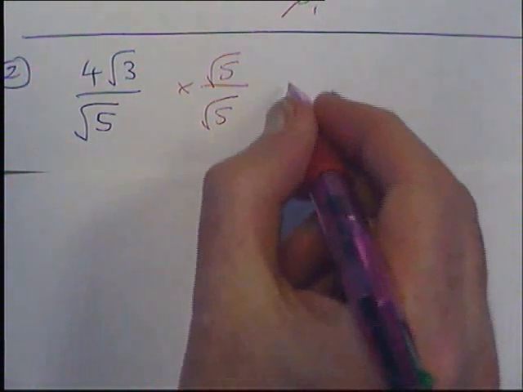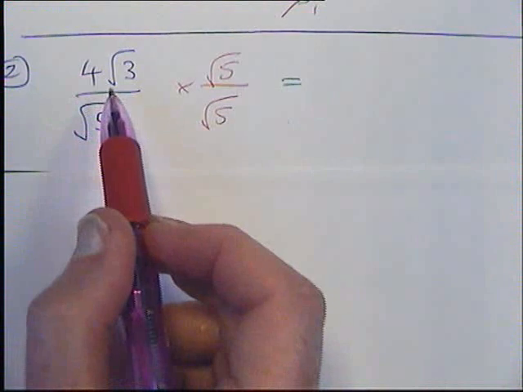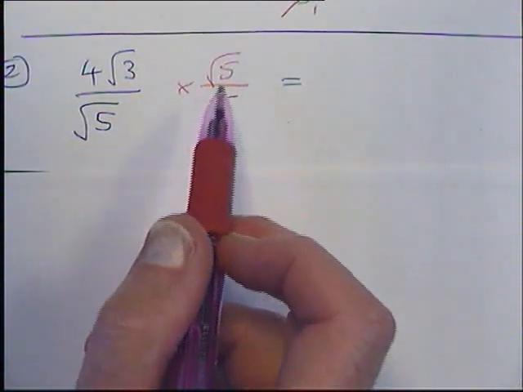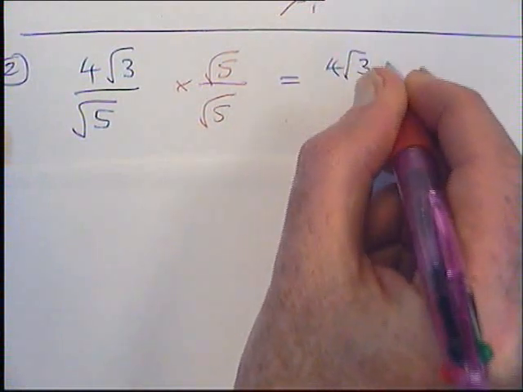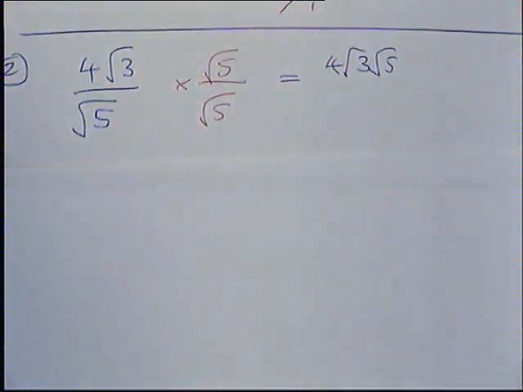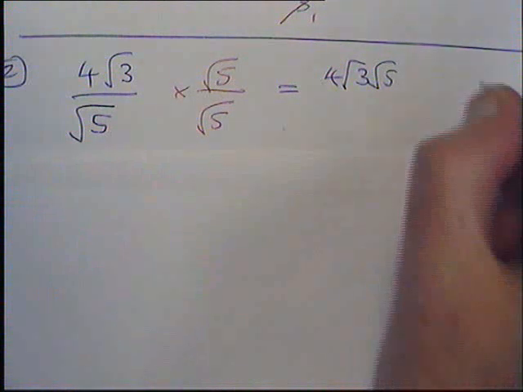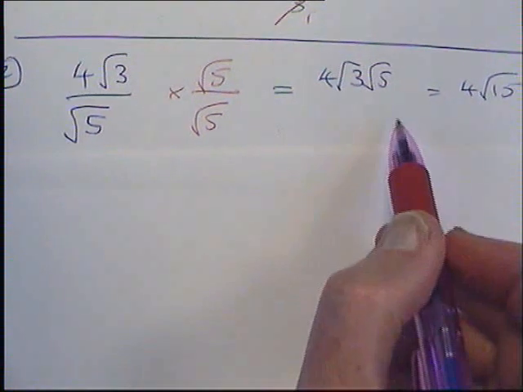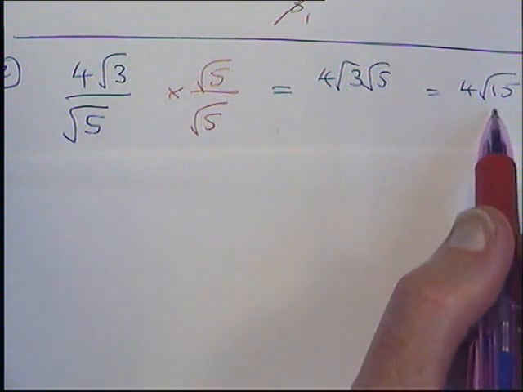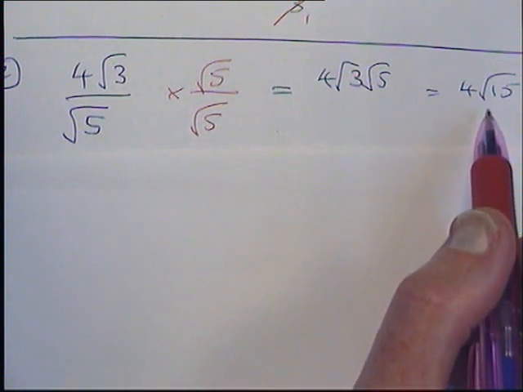And then on the top, we've got 4 times root 3 times root 5, which you can either write down as 4 root 3 root 5, or you could write down, if you wanted to, as 4 root 15, and you'll find some books will write it down one way, some the other way. It doesn't really matter.